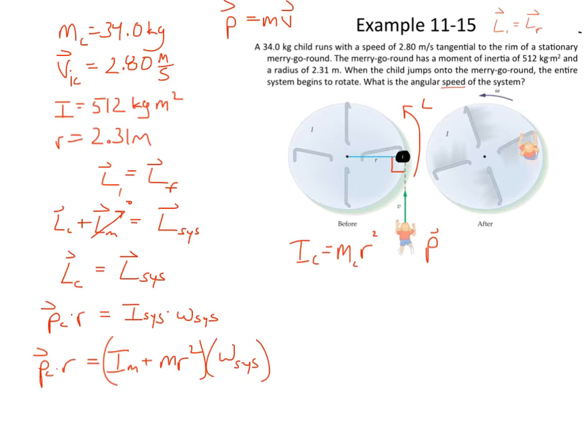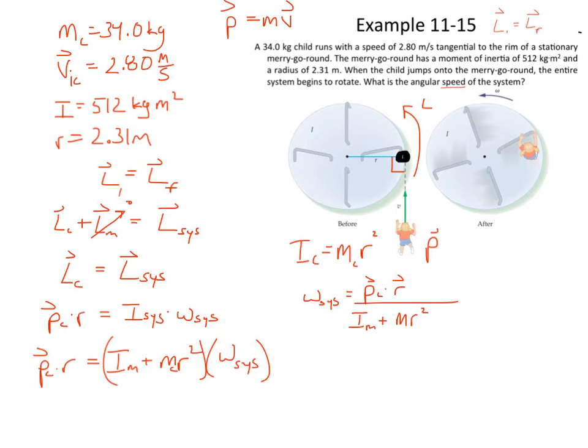All right? So we have pretty much everything now. We have the mass of the child. I should probably have written a little c right there, m_c of the child, times the radius squared. We know the moment of inertia of the merry-go-round. We know the radius of the merry-go-round. And we know the mass times velocity of the child. Let's just rearrange it and solve for the angular speed of the system. So the angular speed of the system is going to be the momentum of the child times the radius, divided by the moment of inertia of the merry-go-round plus the moment of inertia of the child, which we just figured out to be mr squared.